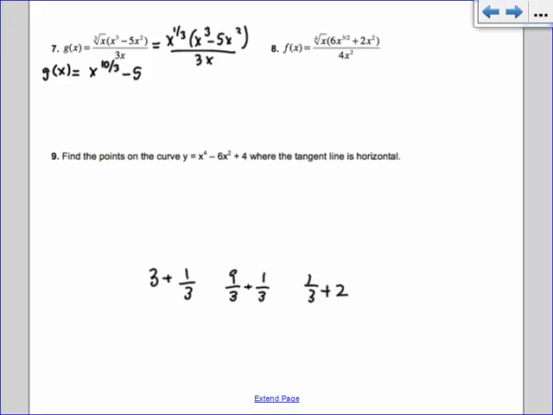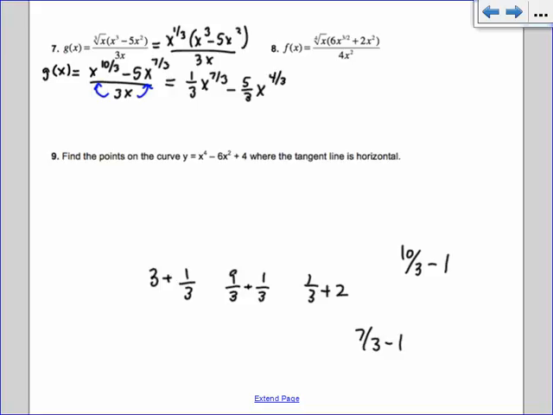We're adding our exponents. So we're going to get 6 over 3 plus 1/3 is 7/3, all over 3x. So when we divide that 3x into both pieces, we get 1/3 x to the, we had x to the 10/3, and we're subtracting out the 1. 10/3 minus 1 is 7/3, minus 5 over 3, x to the 7/3 minus 1 is 4/3.